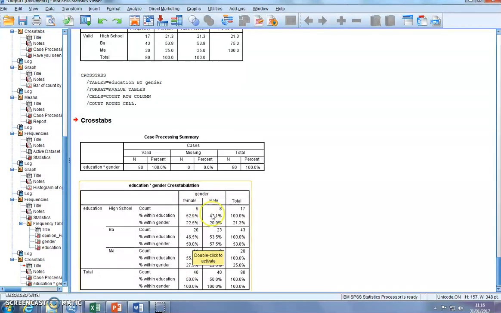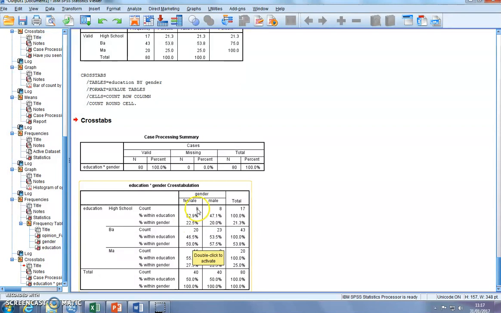We also have row percentages. So then we're not looking at female and male, within female or within male anymore. We're comparing them within high school. So if we're looking at everybody who's in high school, 17 people, how many of those are female and how many of those are male? Then we look at these numbers.